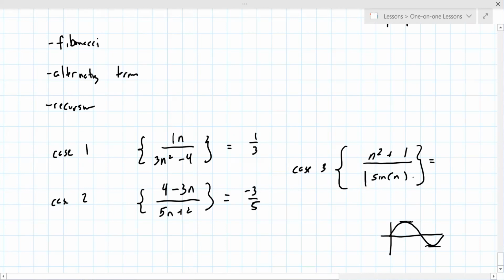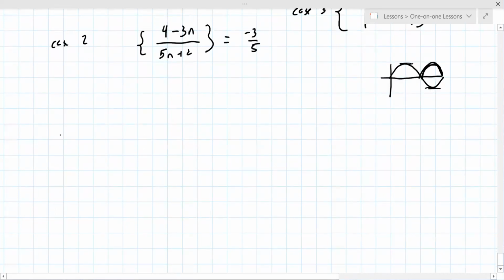So let me actually do this. I have to put this in absolute value. So that way it's always up above 0 here. And then this goes to positive infinity, because n squared is bigger than this thing. Okay, I don't think that was clear, but what's the one you're giving me?